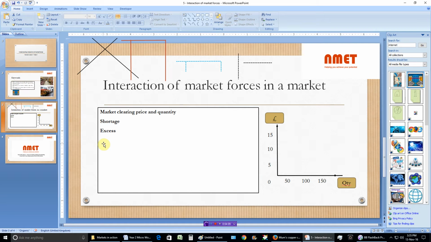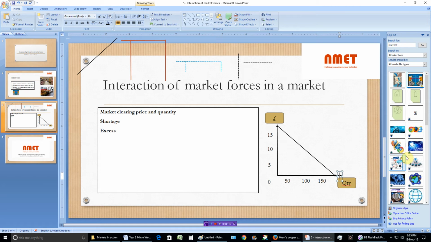So moving on to a second slide. What I've got over here is I've got on the y-axis the price in pound. On the x-axis I've got the quantity. So let's say there is a particular good which is being demanded, and that is its demand curve. Let me label it as demand.